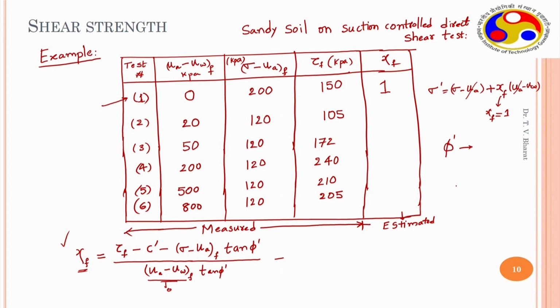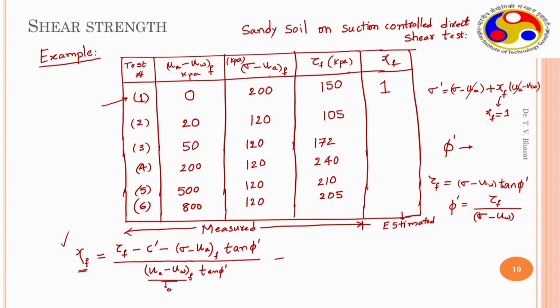From the first equation itself we can estimate that tau_f is equal to sigma minus u_w. The applied stress is nothing but the effective stress at that particular point. Therefore, phi dash is equal to tau_f by sigma minus u_w.